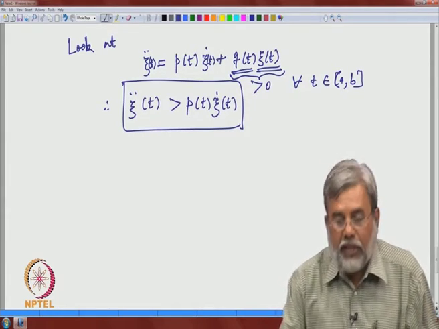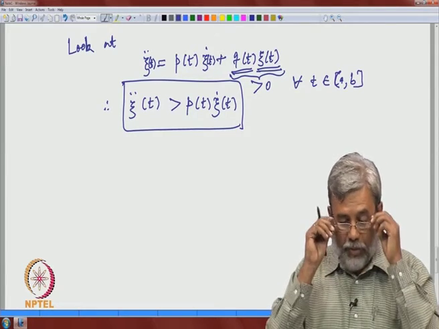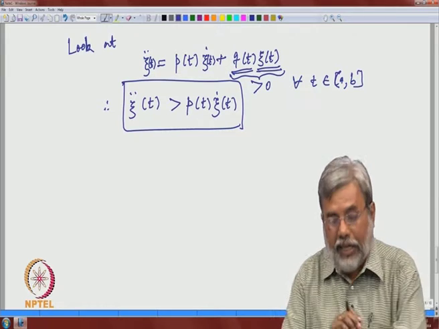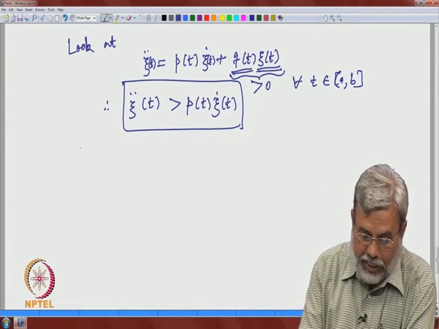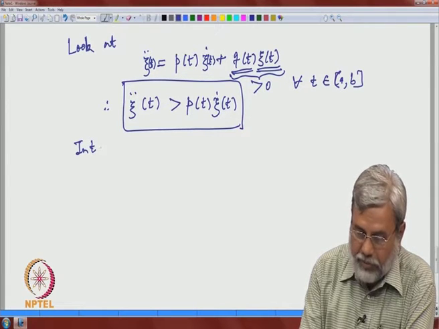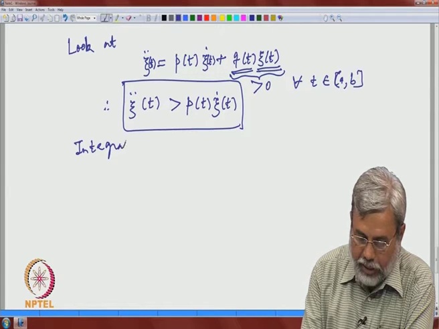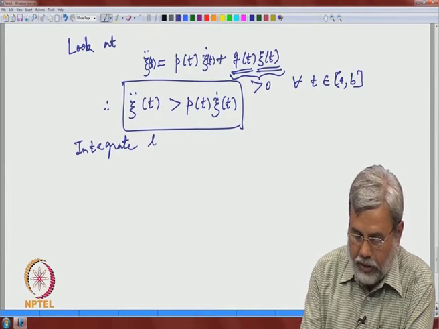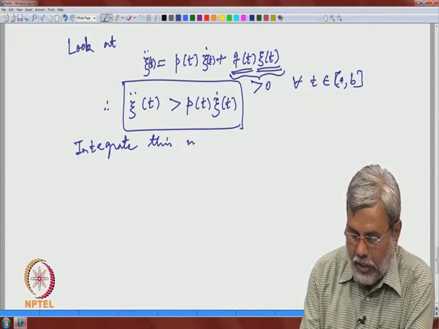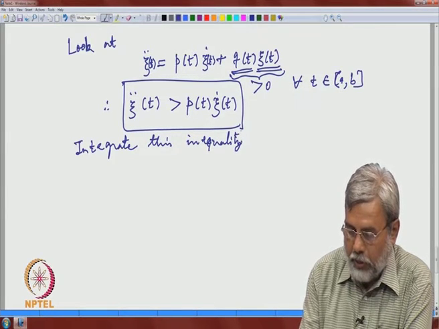And fortunately, we can integrate an inequality. We cannot differentiate an inequality, but we can certainly integrate an inequality. So, integrate this and preserving the sign of inequality, integrate this. You will not do directly.